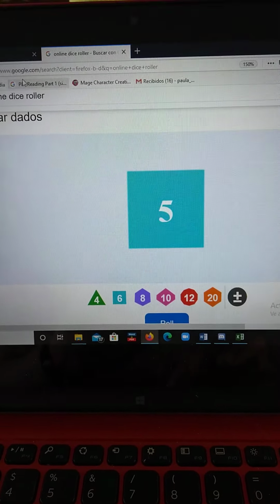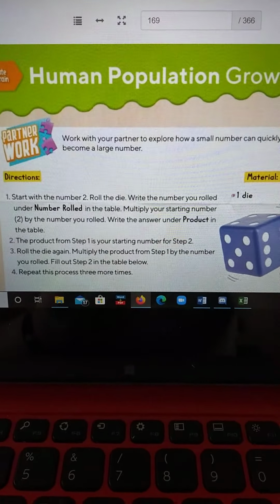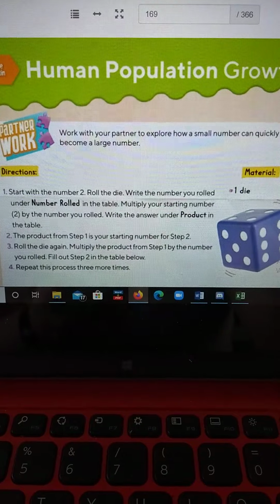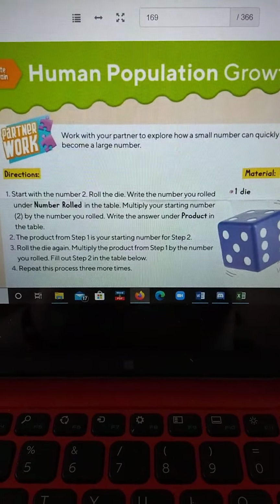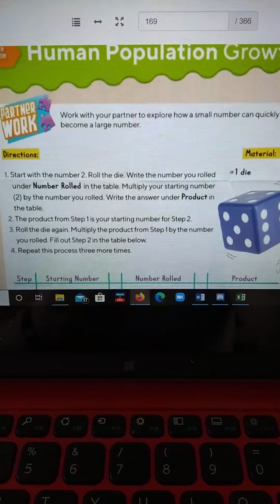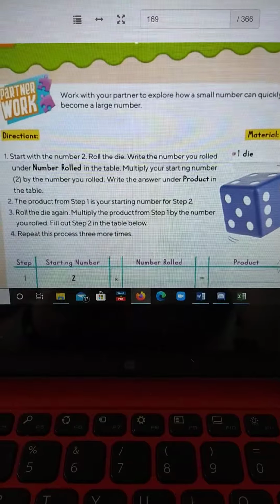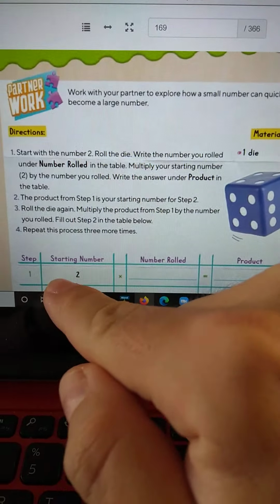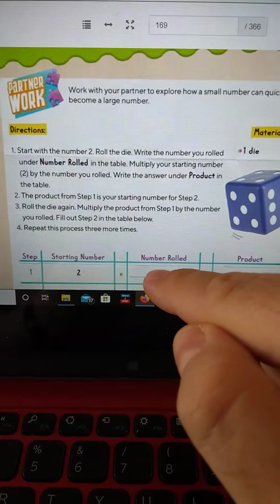Okay, perfect. So, you have to start with the number 2. The number 2. Roll a die and write the number you roll under number rolled here. Starting number 2 and number rolled.